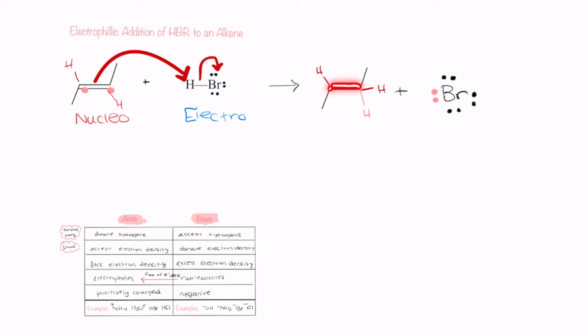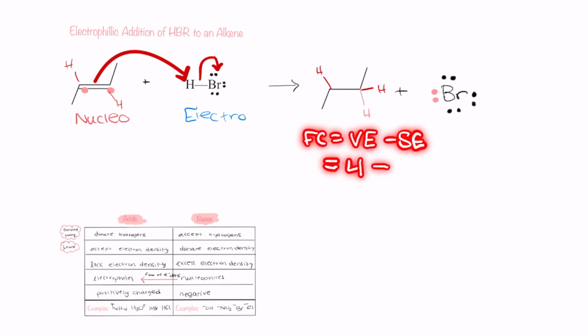We took away that double bond there, so now it's just left with this single bond, the methyl group, and this hydrogen. So this carbon only has 3 bonds. And if we calculate the formal charge for a carbon with 3 bonds, the formal charge is going to be equal to valence electrons minus surrounding electrons. And so carbon has 4 valence electrons, and surrounding it right now, there are 3 bonds.